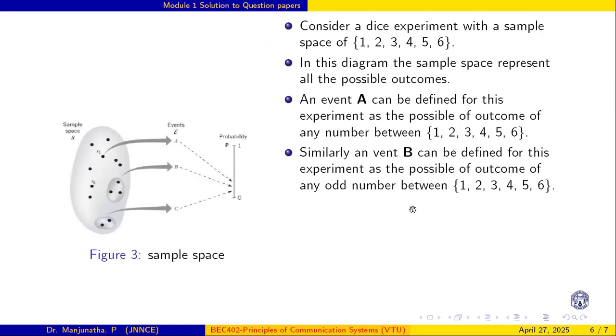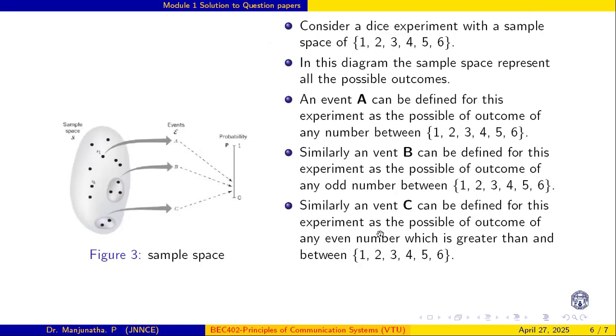Any possible outcome of an odd number is 1 here, 3 here, 5 here. Then what will be the probability? It is 1 by 6 plus 1 by 6 plus 1 by 6, that is 1 by 2.